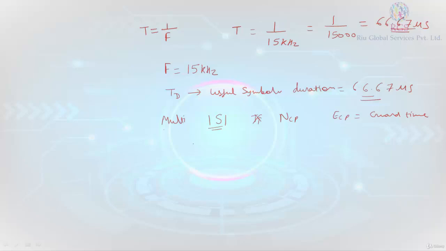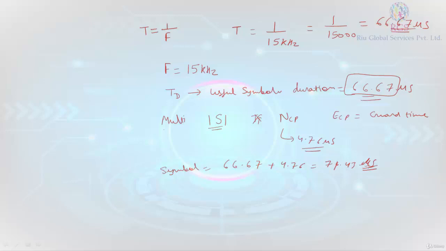So my useful symbol duration is 66.67 microseconds. I am going to add 4.76 microseconds, and now my overall symbol duration will become 66.67 plus 4.76 microseconds, which is 71.43 something microseconds.